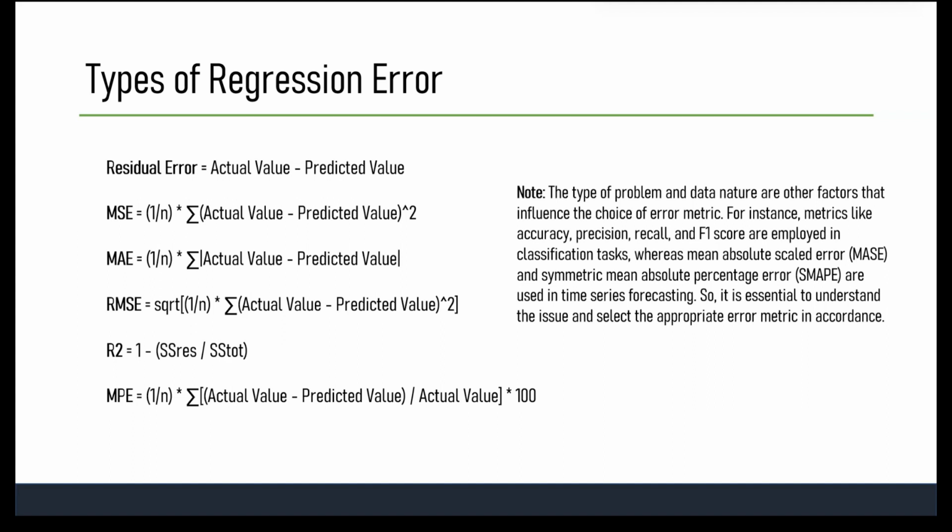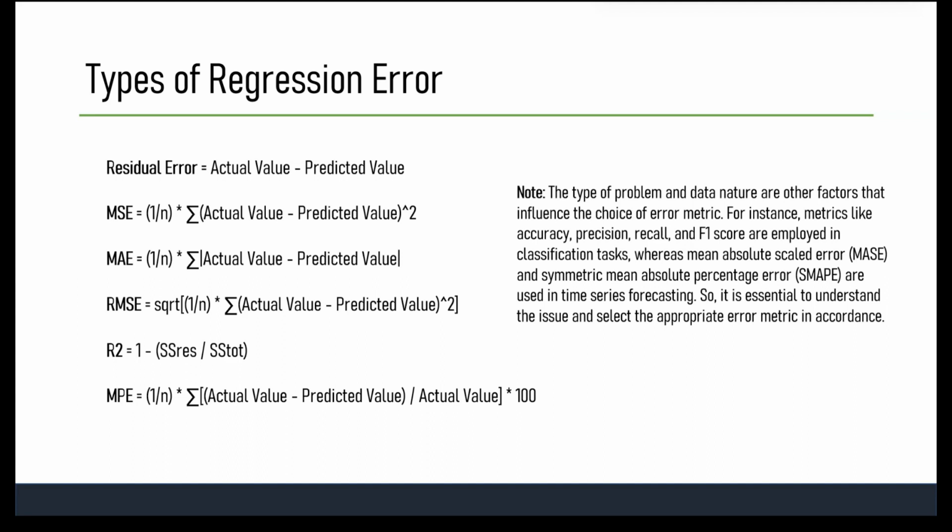Now you guys know which error metric to use. So hope it is clear that whenever we start a problem, we need to understand which error metric makes sense, and which is critical to choose, because sometimes correctly predicted data points are more important than wrongly predicted ones. Sometimes wrongly predicted data points are more important than the correctly predicted ones.